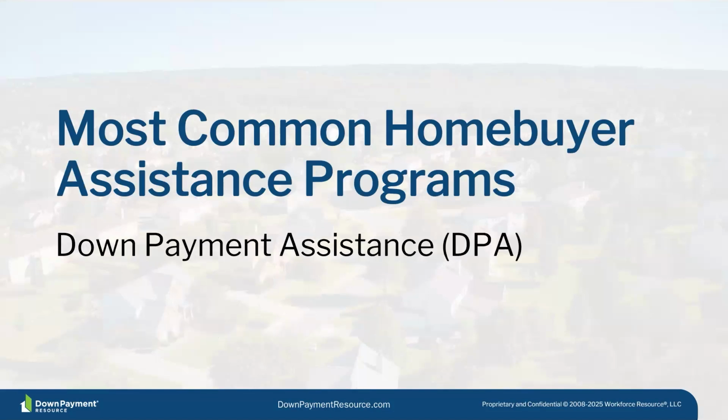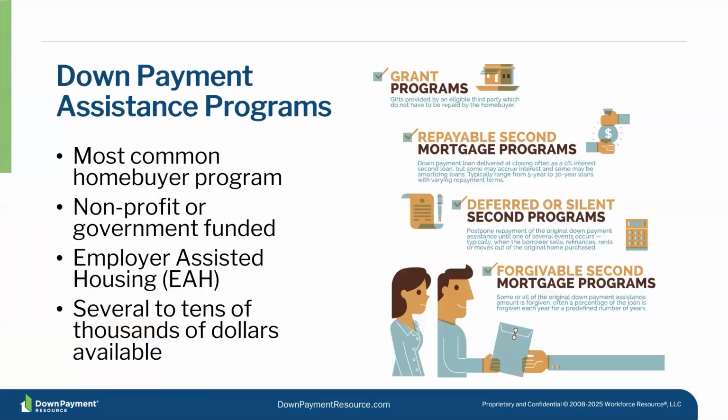So, first, let's review down payment assistance programs, or DPAs, as they're referred to. And as we saw earlier, this is about 74% of all homebuyer assistance programs. So this is the majority of them that you're going to run across. Down payment assistance programs are the most common type of homebuyer assistance in most cities.